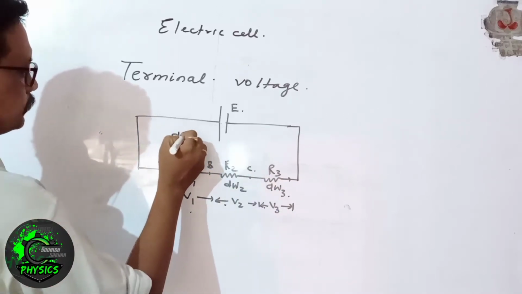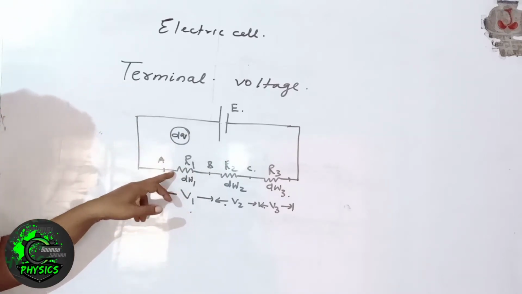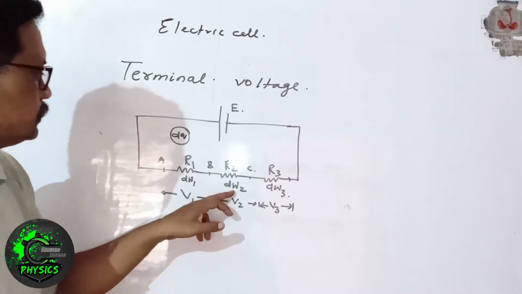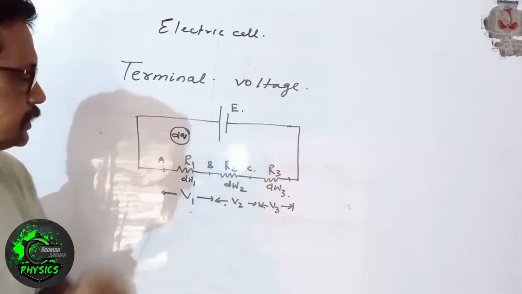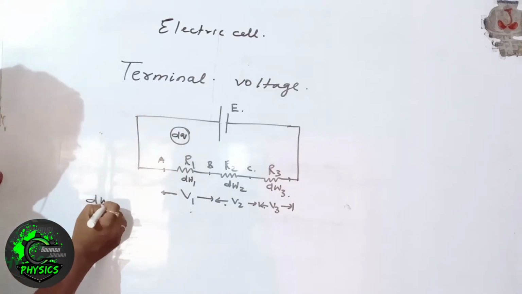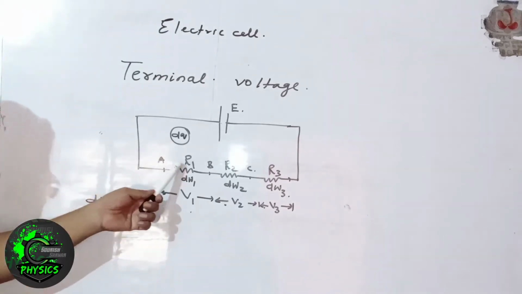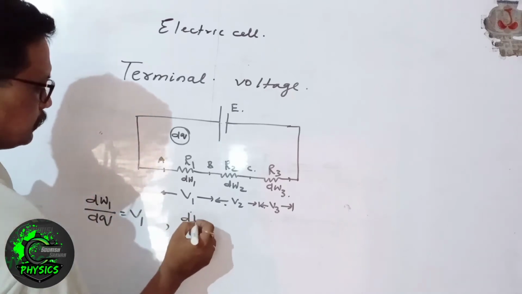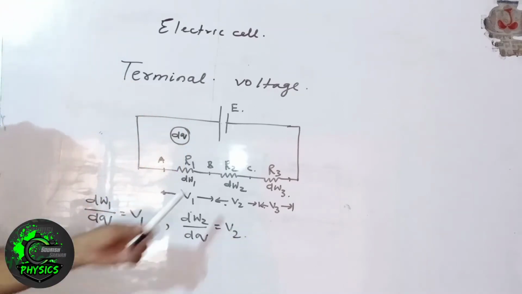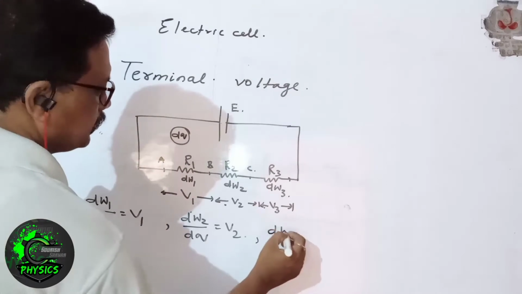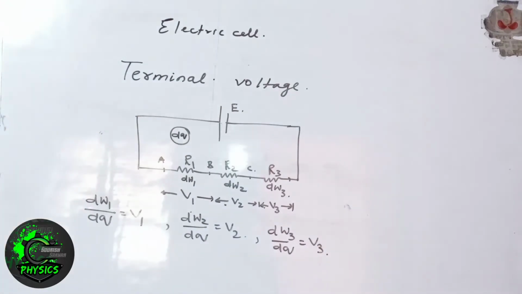If the charge is dq and this dq charge needs dW1 joule of energy to cross the resistance R1, dW2 joule of energy to cross the resistance R2, and dW3 joule of energy to cross the resistance R3, then dW1 divided by dq is called the terminal voltage or terminal potential difference across R1, dW2 divided by dq is the terminal potential difference across R2, and dW3 divided by dq is the terminal potential difference across R3.